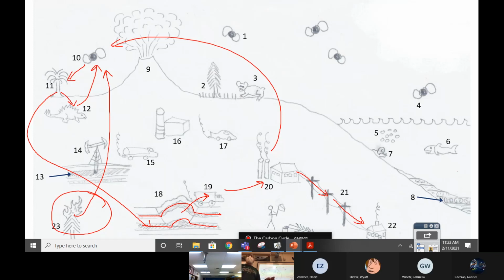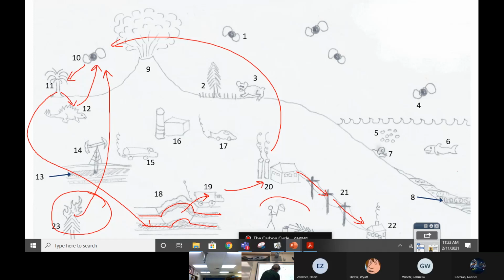It took carbon out of the air 200 years ago. When it burns, it puts it back in. But this carbon has been out of the air for 200 million years. This is ancient carbon that we're putting back in the air. When this happens, I don't think it changes the carbon dioxide level that much, because the tree isn't that old in comparison to coal or oil or other fossil fuels.